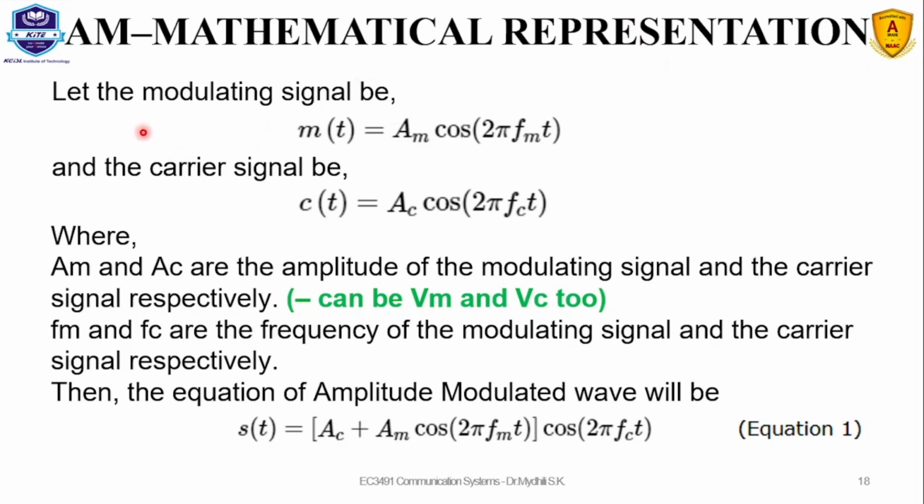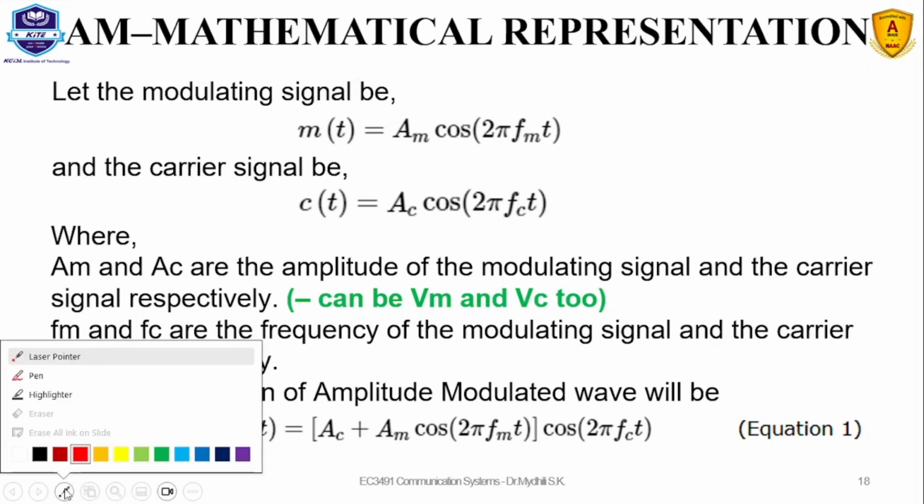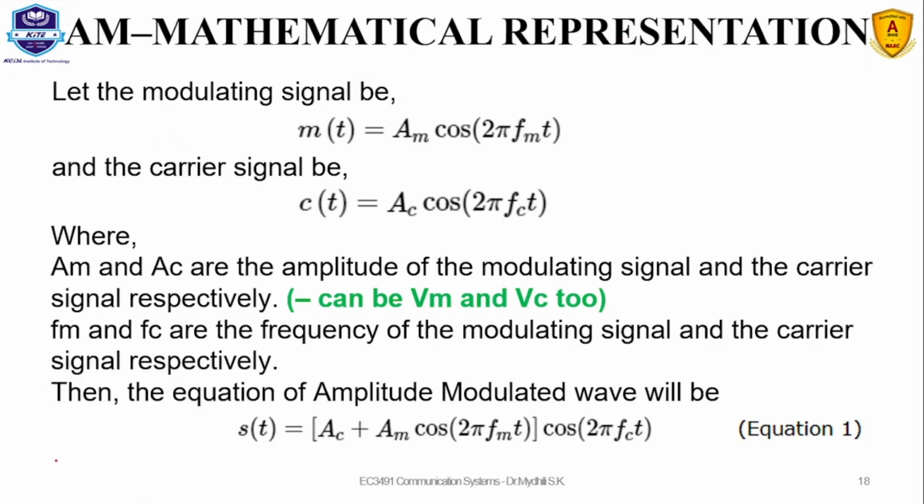As we know, when we are talking about modulation, it involves two signals, that is the message signal or modulating signal and the carrier signal. When talking about the message signal, which is in continuous time format, I am considering it in equation format, which we have studied in Signals and Systems. As you know, it can be represented in terms of sine omega t or cos omega t.